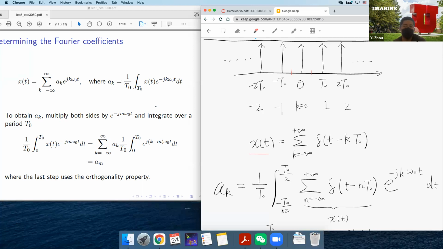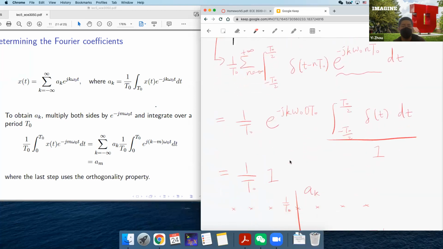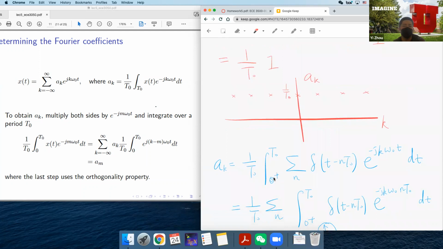Now we also consider the second case, from 0 to T naught. You can also do T naught to 2 times T naught, and you will get the same result. So no matter which period you consider, you will always get the same result.